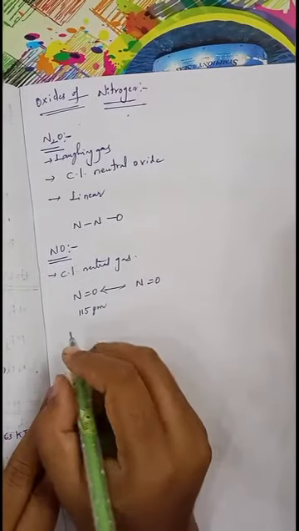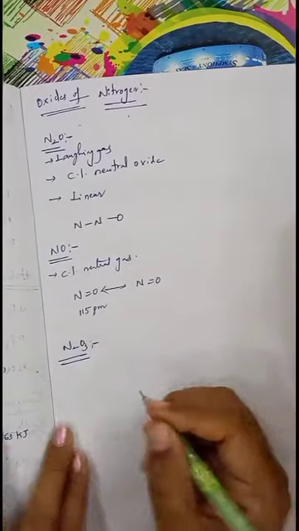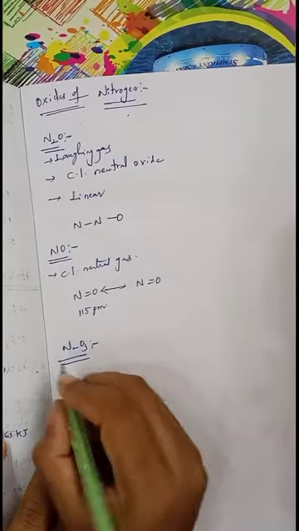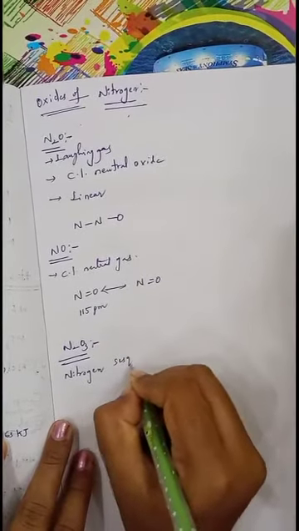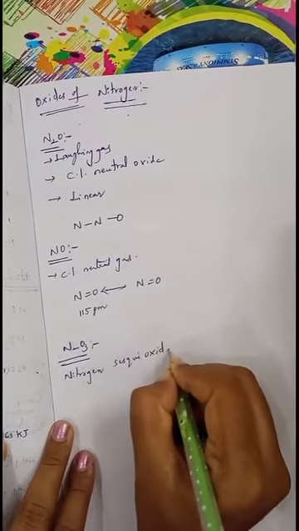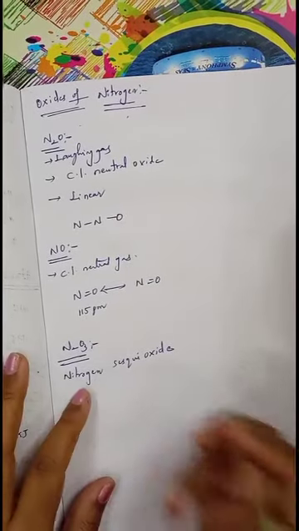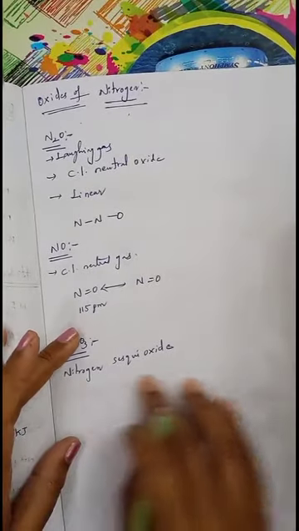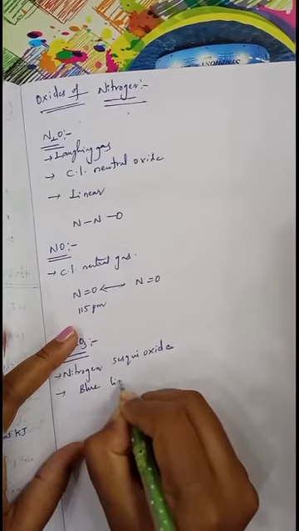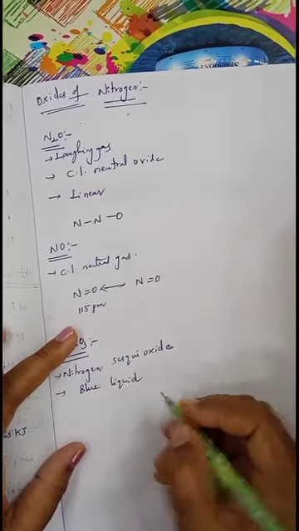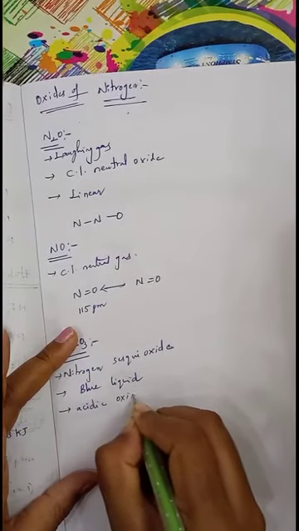Now nitrogen trioxide, that is N2O3, and it is known as nitrogen sesquioxide. Okay, this nitrogen sesquioxide is a blue color liquid at low temperature, and it is an acidic oxide.